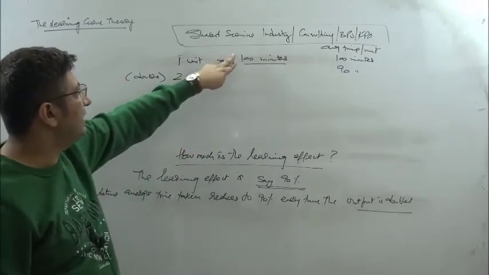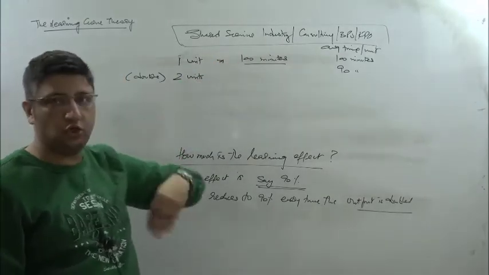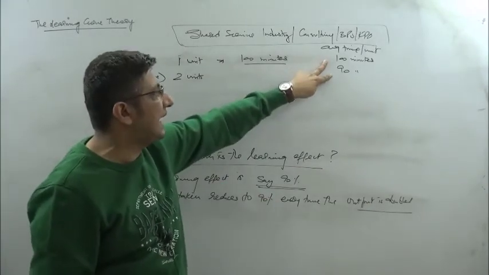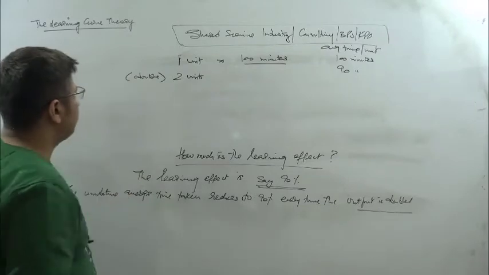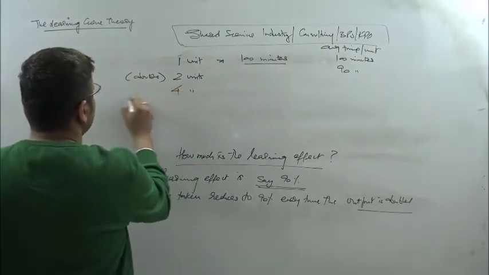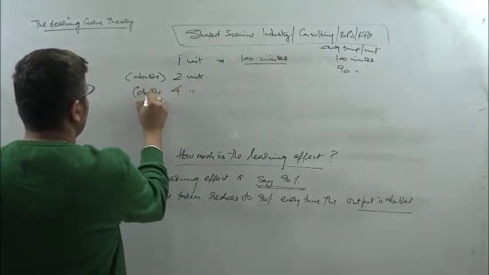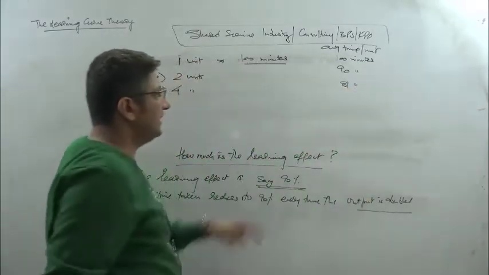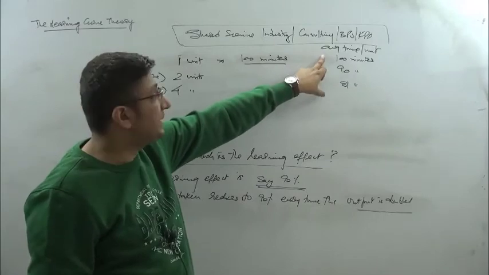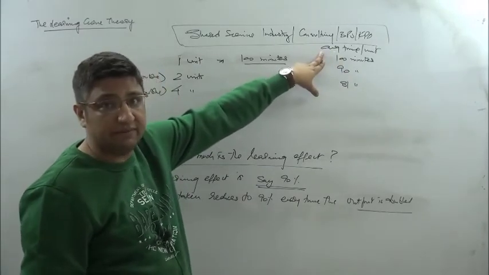We are saying that 1 unit has taken 100 minutes. If I make 2 now, it is going to take 90 minutes per unit. Likewise, if I go to further doubling, it becomes, for example, 81 minutes per unit. Please bear in mind, it is the average time per unit here.